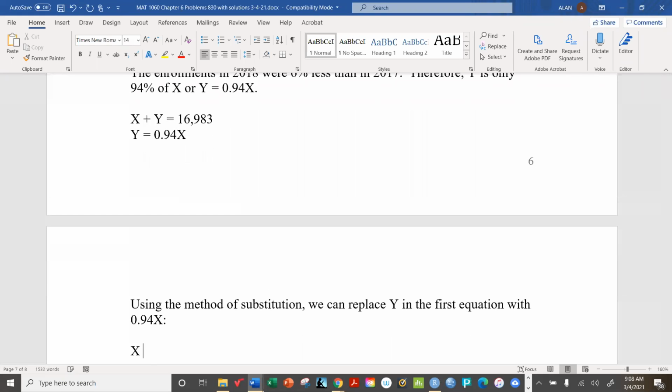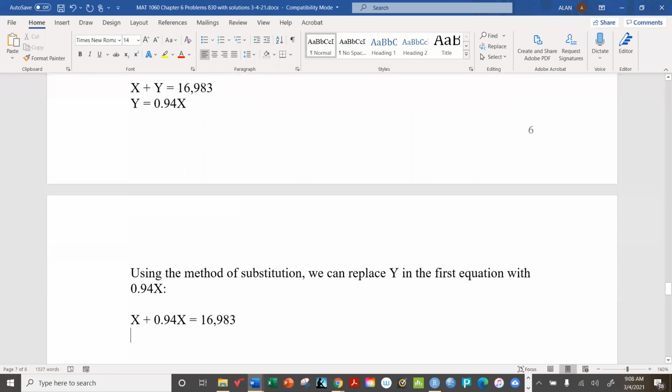Okay, so instead of having X plus Y equals 16,983, we'll have X plus 0.94X is 16,983. We can consolidate these. Okay, because there's an implied 1 in front of this X. So X is 16,983 over 1.94.